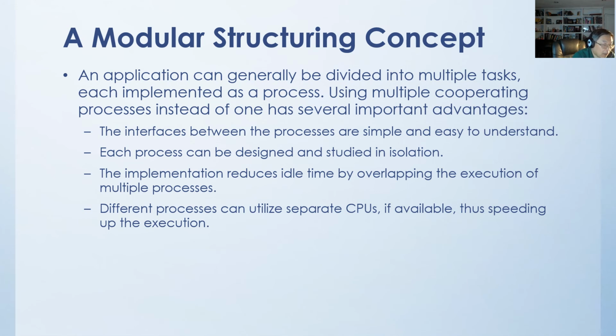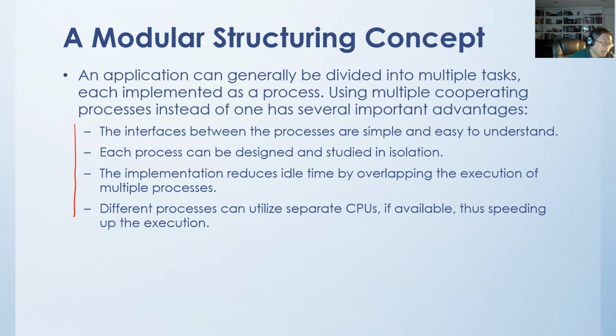Now I'm going to give you an example, but first let's talk about what the advantages are. The first one is that the interfaces between the processes are simple and easy to understand, because instead of creating a separate dedicated process, you can create a couple of processes that are related with a certain kind of connection.